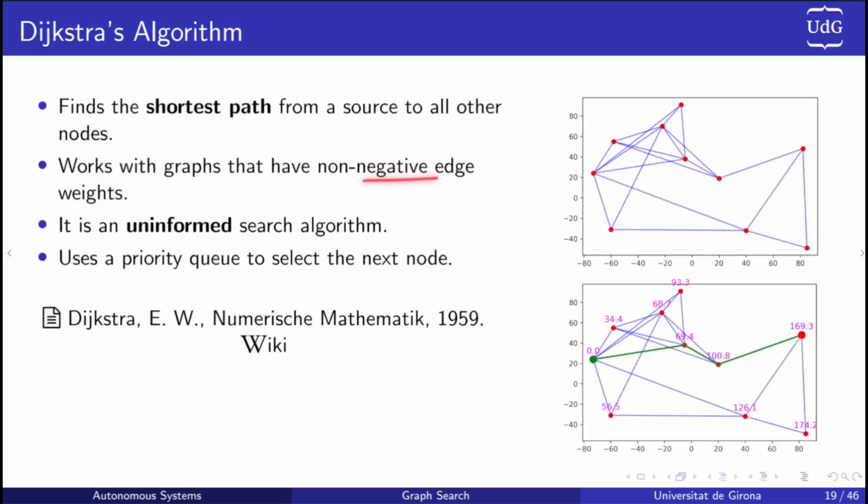If we are using distances, for sure we will never have negative distances. But imagine that instead of distances we are using energy, the energy for moving from one node to another. If we are using an electric car, when there is a slope down, it recharges its batteries. It's a very particular case, but it may happen.